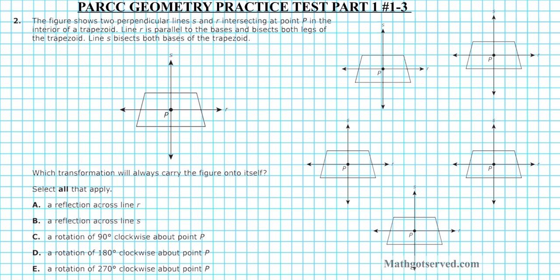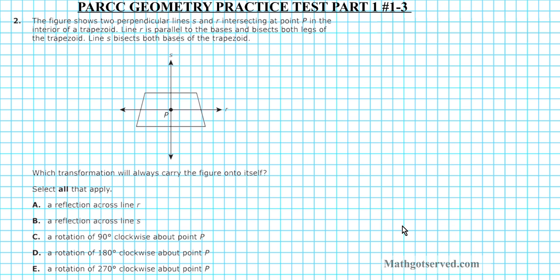Line S bisects both bases of the trapezoid. This transformation will always carry the figure onto itself. Select all that apply. So this is another question where you might have multiple answers that are correct.